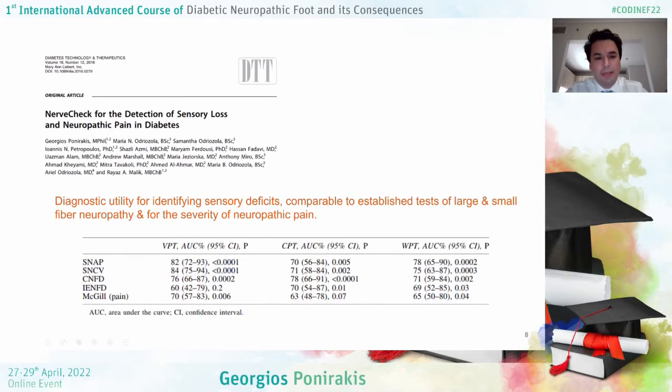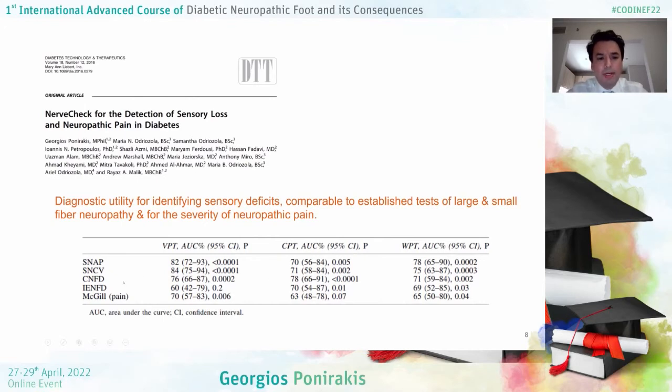What's interesting is that the vibration threshold test of the NerveCheck, as we would expect, performed better against nerve conduction studies, specifically the sural nerve action potential and the sural nerve conduction velocity, compared to the cold and warm perception, where the area under the curve was lower.